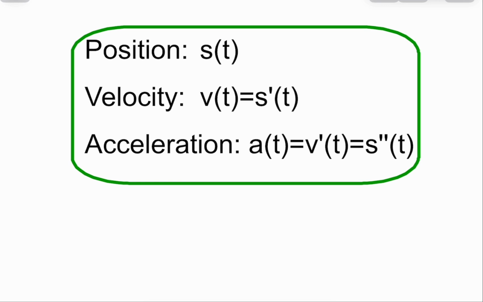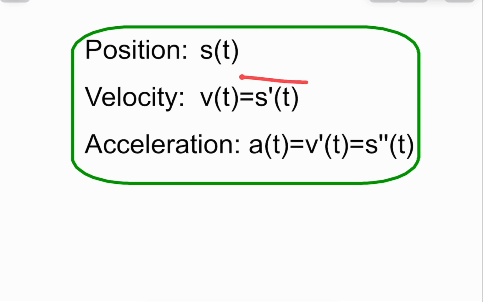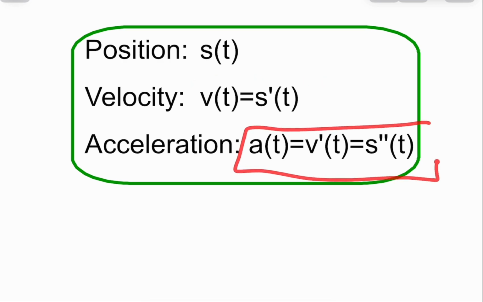Some facts that are important: if we have a position function, which we will usually call s, and we want the velocity that it is traveling, we're just going to take that derivative. And if we take the derivative one more time, then we get the acceleration function. So this is really important as far as some applications for the first derivative and the second derivative.